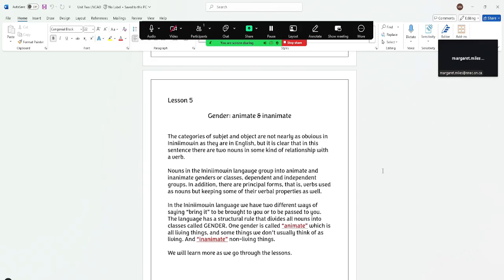As we go through this lesson, we will learn more about inanimate and animate. Here we will practice saying animate and inanimate words. We will start with animate words. So listen carefully to these words.